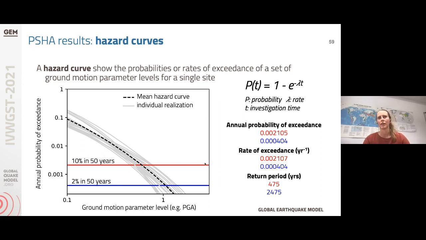And again, showing that the more rare ground motions are larger. And just to keep reiterating the different expressions of PSHA, on the right here, we've shown how the probability relates to the frequency, and these different expressions are converted between themselves.